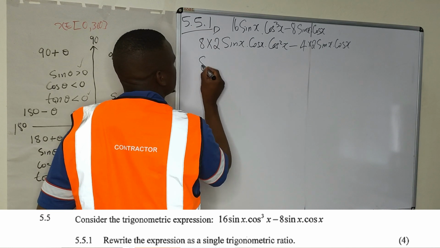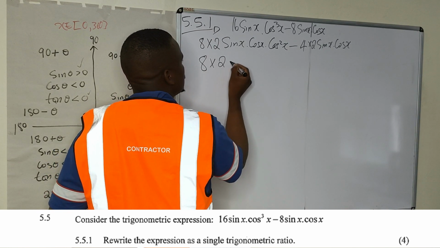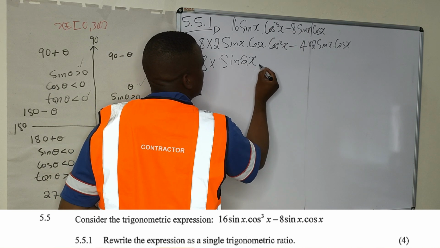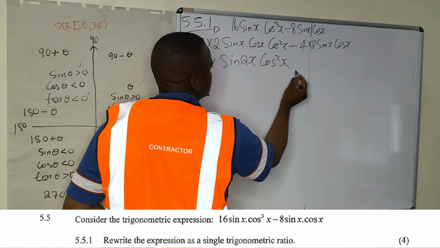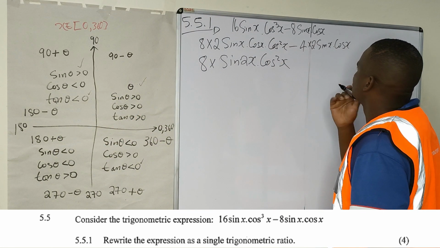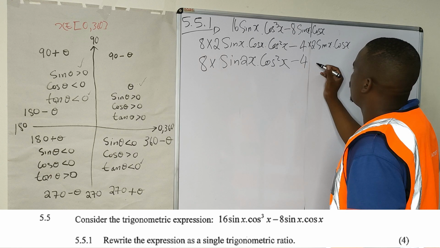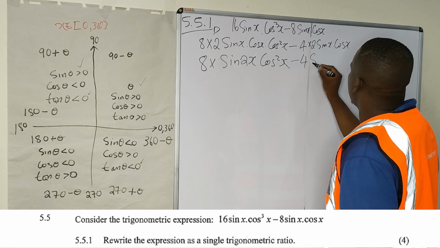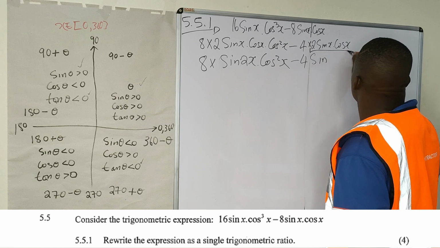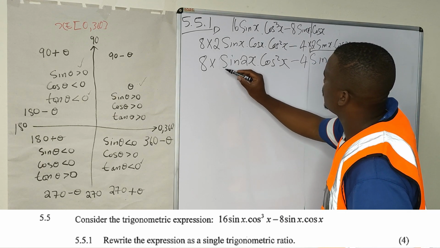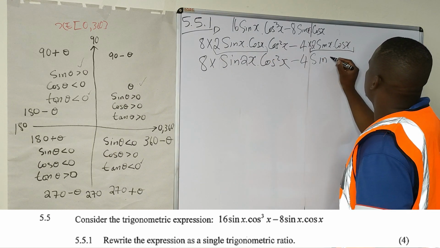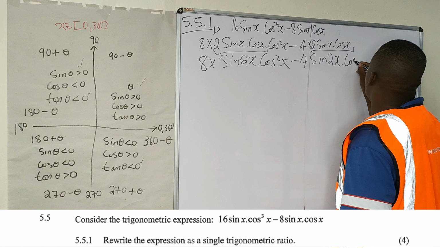So this is 8 times 2, times sine 2x times cos squared x, right? Minus 4 sine, this is sine 2x, like here, sine 2x times cos x.